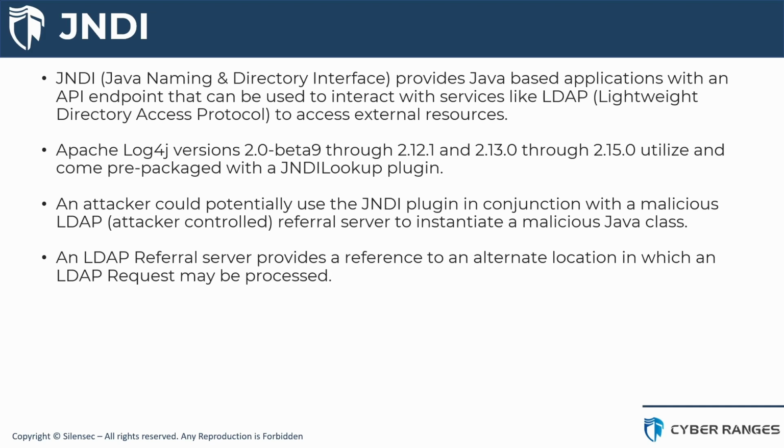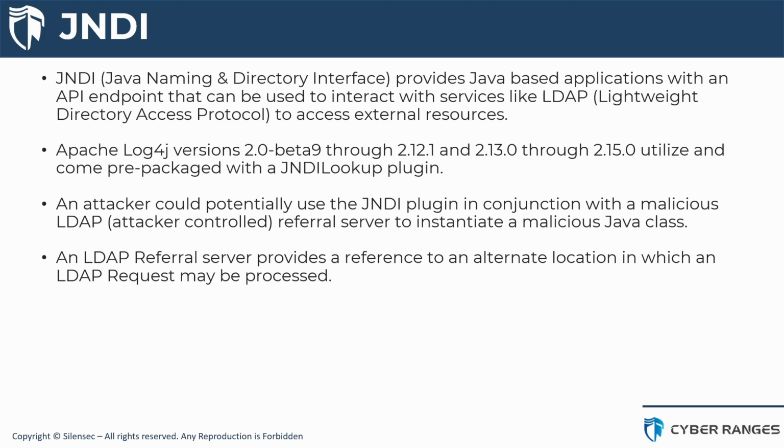That means an attacker could potentially invoke Log4j to utilize the JNDI lookup plugin to try and load in an external resource from an LDAP server. And if we direct Log4j, or essentially invoke it, to perform a lookup on an attacker-controlled LDAP server, then we can do something malicious.